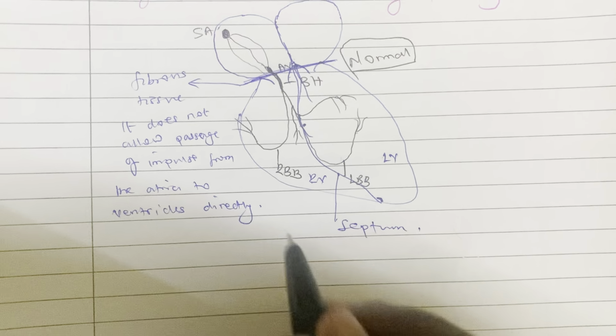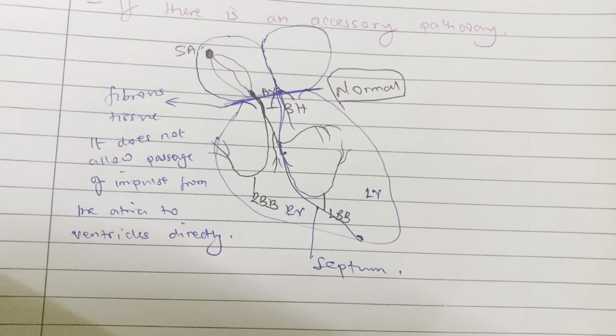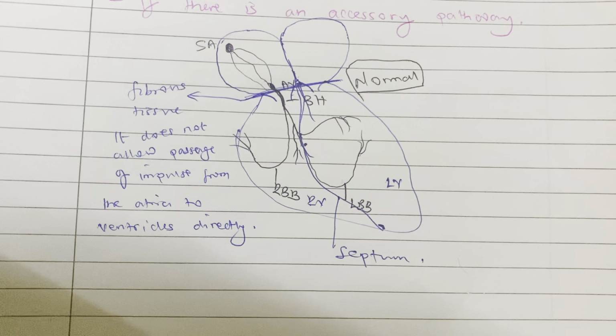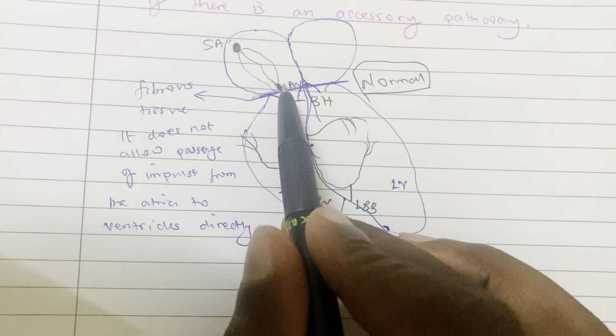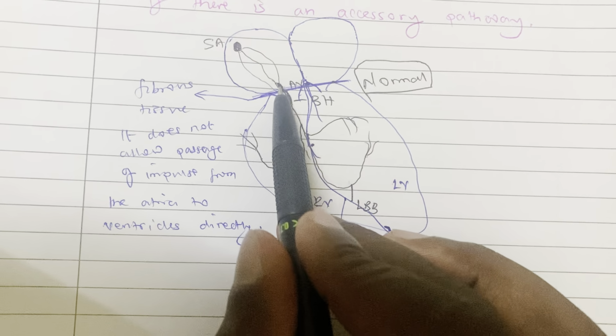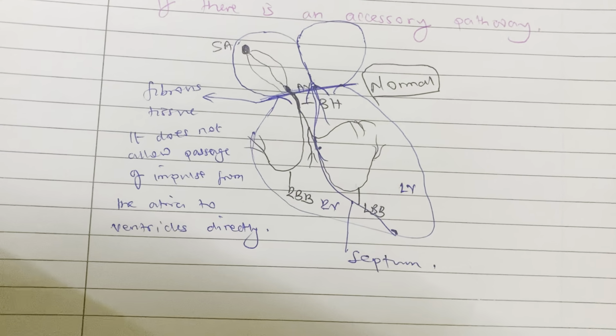We don't want that. You don't want impulses to pass from the atria to the ventricles directly. No, they have to pass through this gate of AV node. The AV node is a gate. It must pass through the gate.